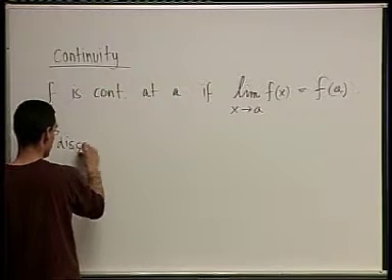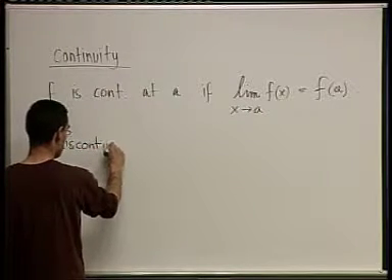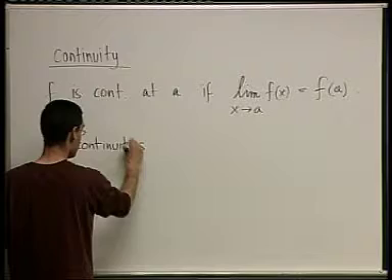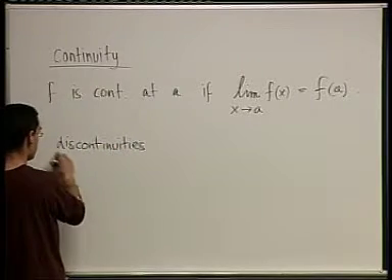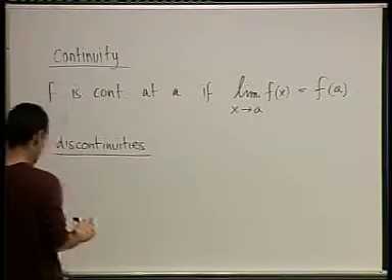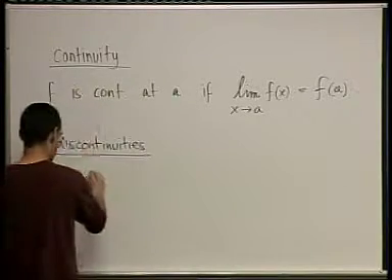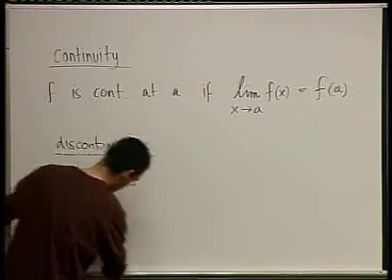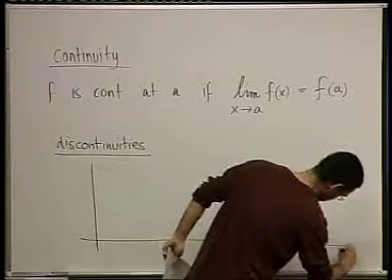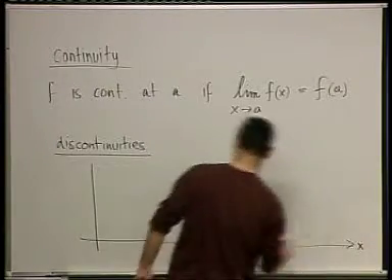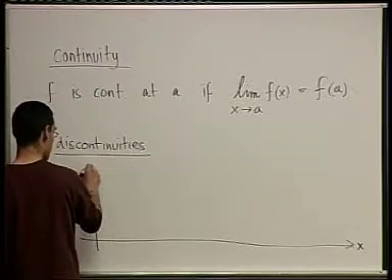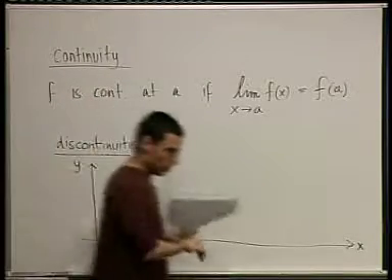So what I want to discuss now is discontinuities. I hope I spelled that right. And I want to do it using a sketch. So here's our xy coordinate system. Functions are blue.